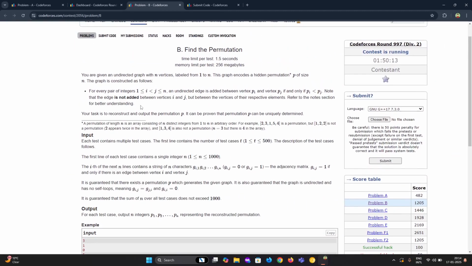You're given an undirected graph with n vertices, labeled from 1 to n. The graph encodes a hidden permutation p of size n. For every pair of integers, an undirected edge is added between vertex pi and pj if and only if pi is less than pj.